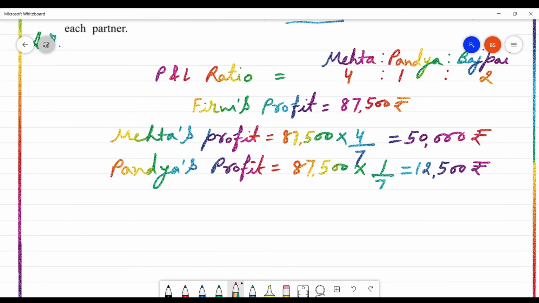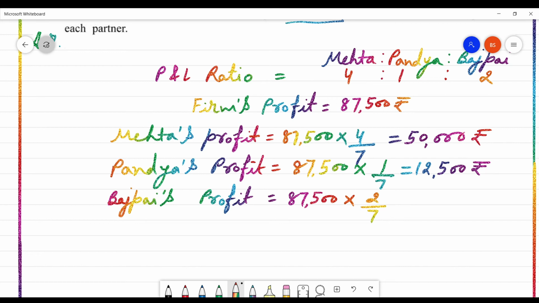Next, we will find out Bajpai's profit equals 87,500 into 2 upon 7. It comes 25,000.